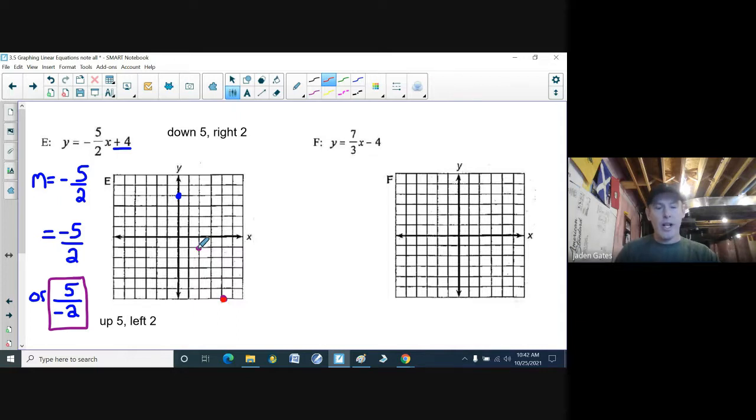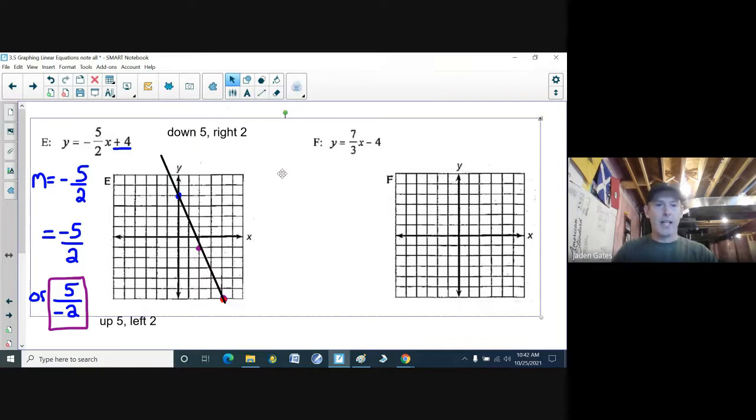There we go. Left 2, 1, 2, up 5, 1, 2, 3, 4, 5. So one of the patterns was a right to left pattern, and the other was the opposite. There we go. And again, I'm going to draw my line, and there is the graph of my linear equation.